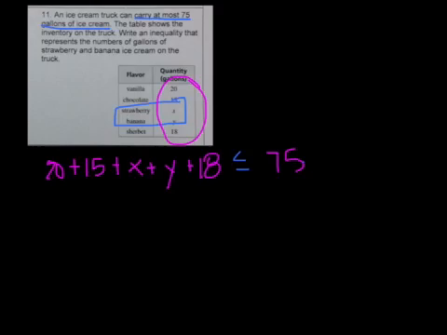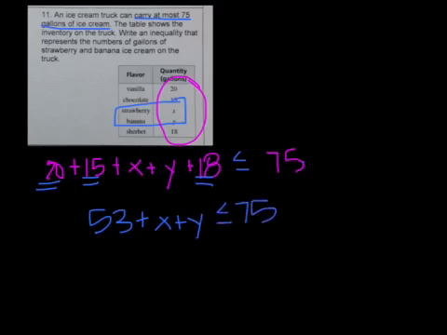Now, we're going to combine like terms. Let's add up all of our numbers. So 20 plus 15 is 35. Plus 18 gives us 53. So you're going to have 53 plus X plus Y is less than or equal to 75. We want X and Y to be on its own.